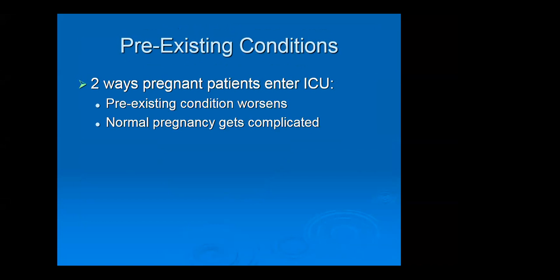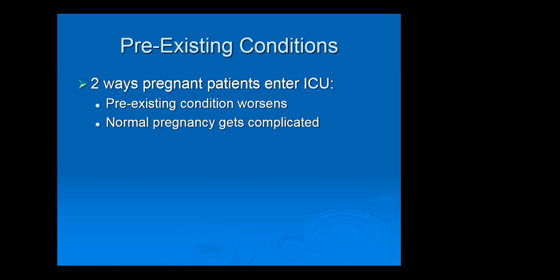And I think in a slide or two you see a discussion of asthma and how some people get better, some get worse, some stay the same. So often it's hard to predict how pregnancy is going to affect mom's pre-existing conditions that she brings into the pregnancy with her.